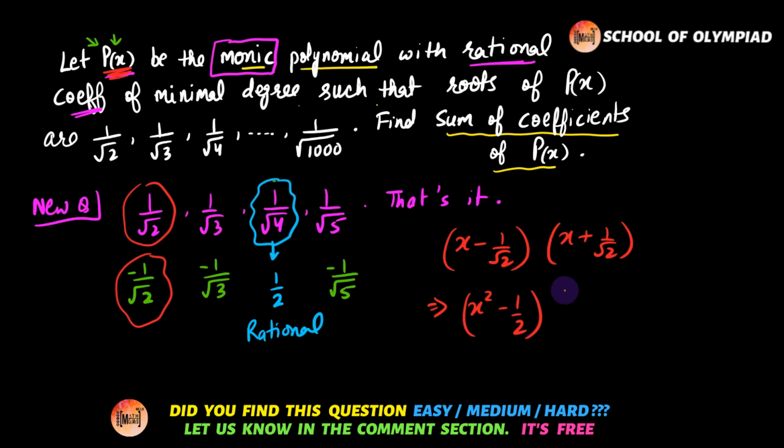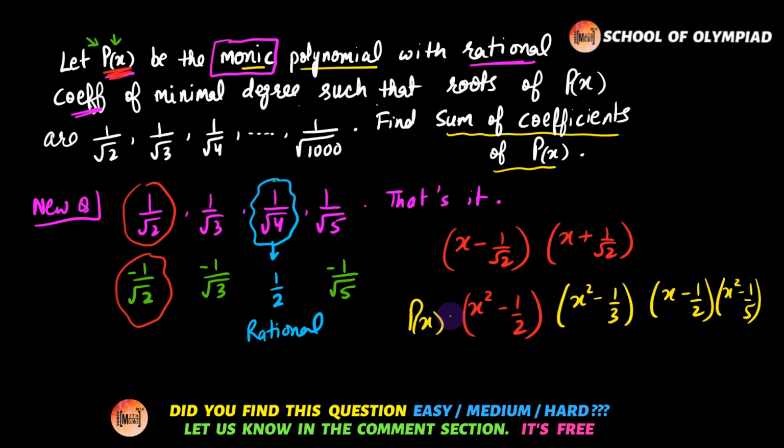On a similar basis, x squared minus 1 by 3, x minus half, and x squared minus 1 by 5 will all be factors of P(x), and hence this will be equal to the value of P(x). But it is very difficult to calculate the sum of the coefficients of P(x) even when we have reduced the number of roots from 999 to only 4.